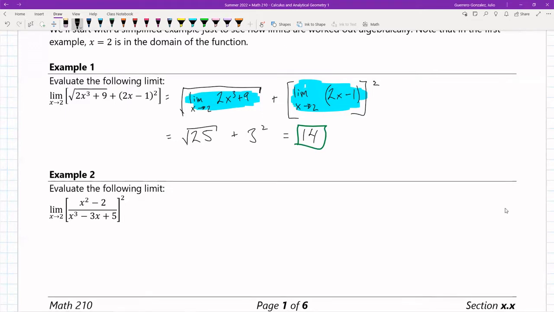This is what is going to happen more often than not when you do these limit problems: you just get to plug it in. So it's going to be 2 squared minus 2 all over 2 cubed minus 3 times 2 plus 5. And this is going to be 2 over 7.